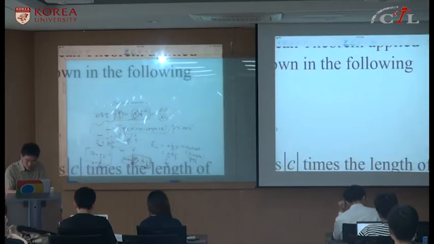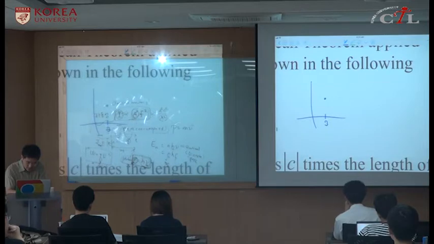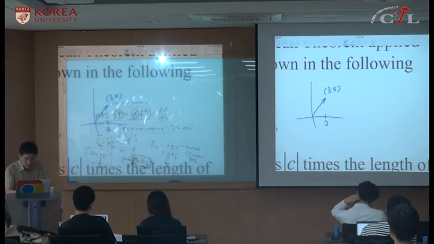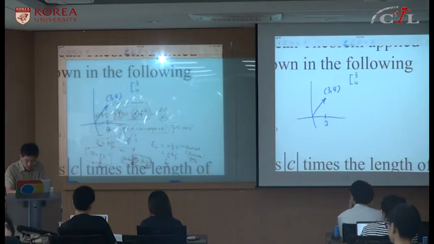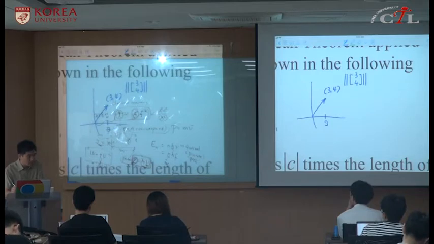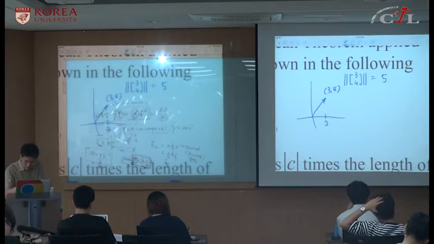So let's think of this vector, 3, 4. What is the length of this vector? It's 5, based on the Pythagorean theorem, and also using the norm operator that we studied, it is 5.